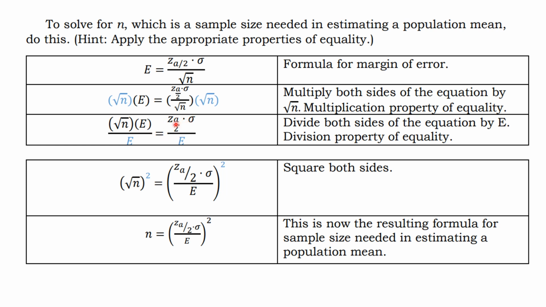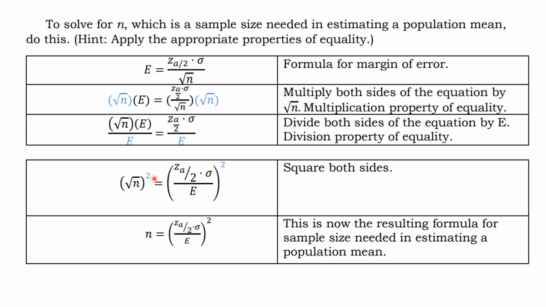And this time, we have to divide both sides by E to isolate the sample size n. So we have here: square root of n is equal to Z sub alpha over 2 times standard deviation divided by E. Now, to eliminate the radical sign on the left side of the equation, we have to square both sides.